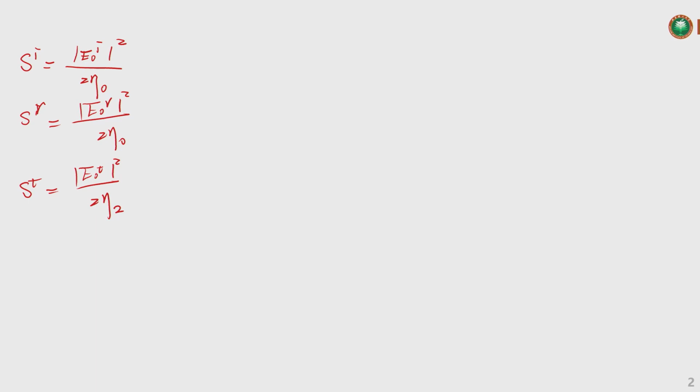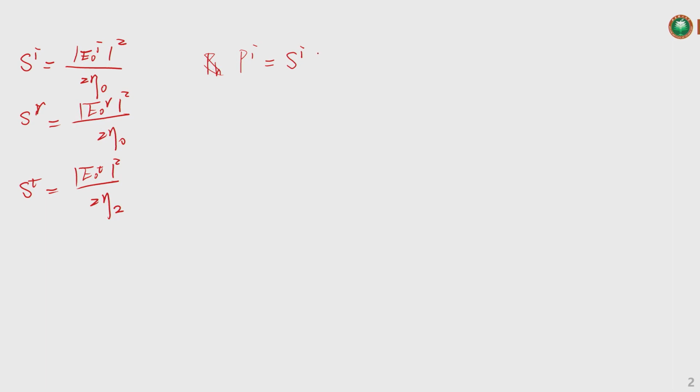If we want to calculate the corresponding average powers carried by the beams, for the instant power, it can be calculated by the product of the instant power density times the area integration.